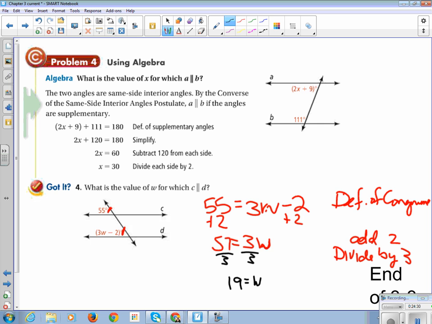Hello, mental math, w is equal to 19. And that's the value of w that would make C parallel to D.